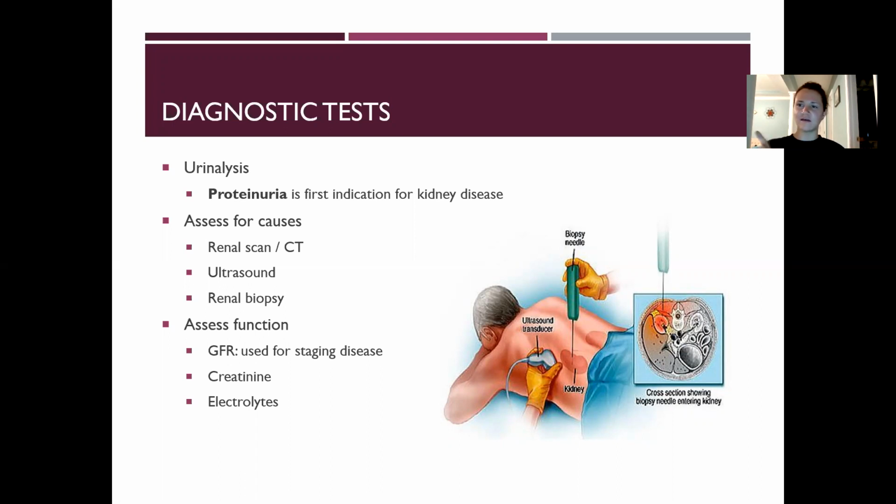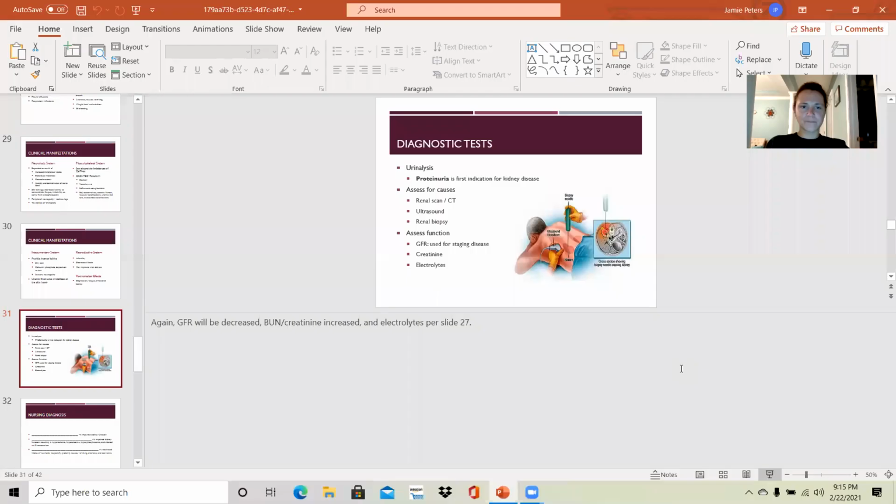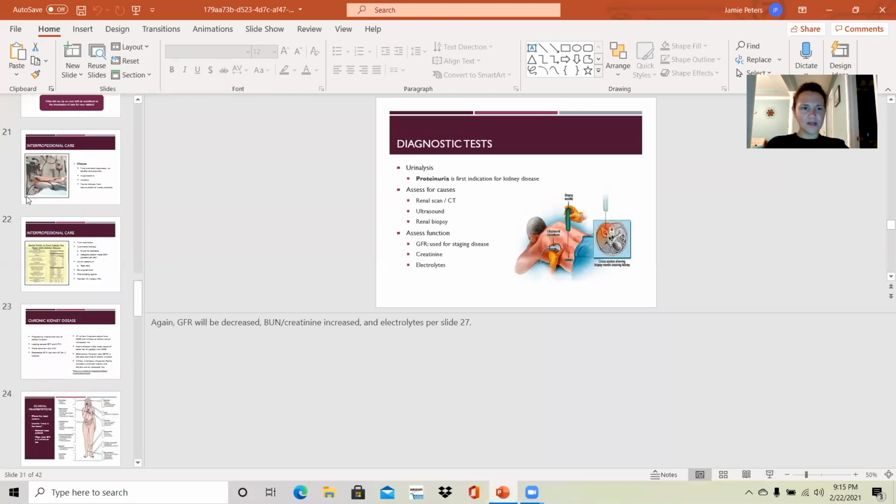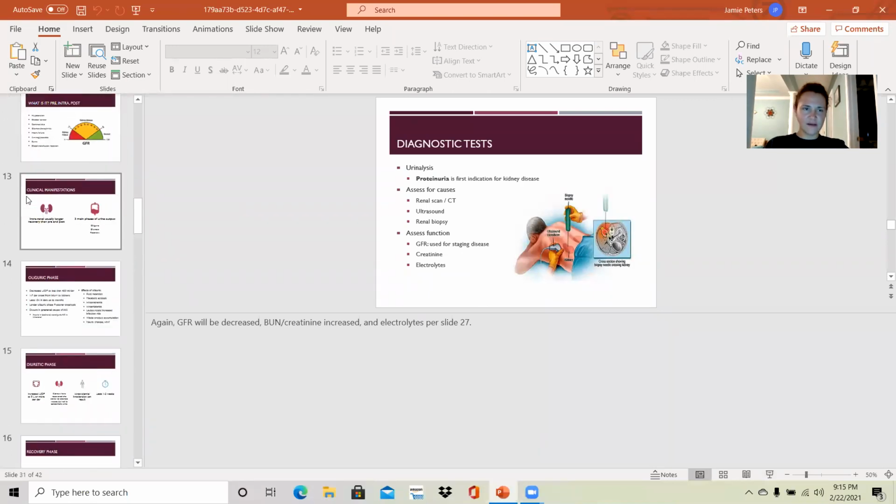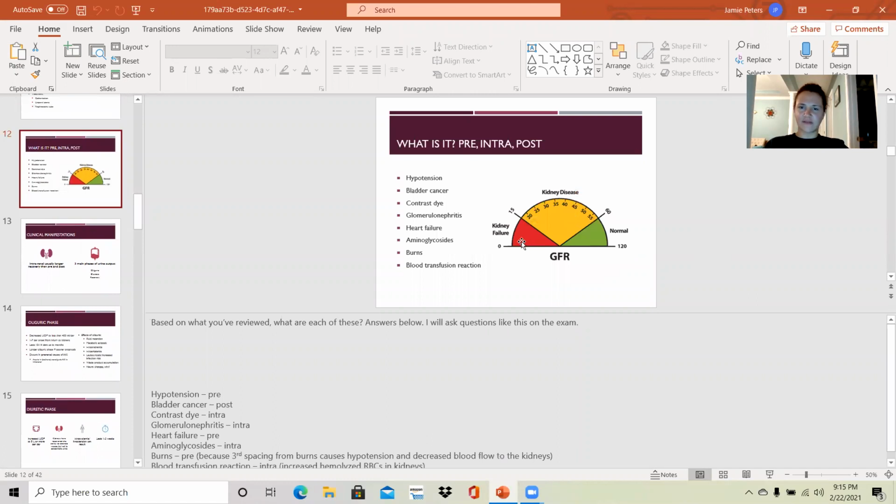So it's kind of like in the slide that we went over different causes of AKI. This is what that was talking about, like kidney failure, we've got pretty bad kidney disease, and then normal. That's almost an old school way of classifying things. This is before we really got into specifying AKI versus CKD.